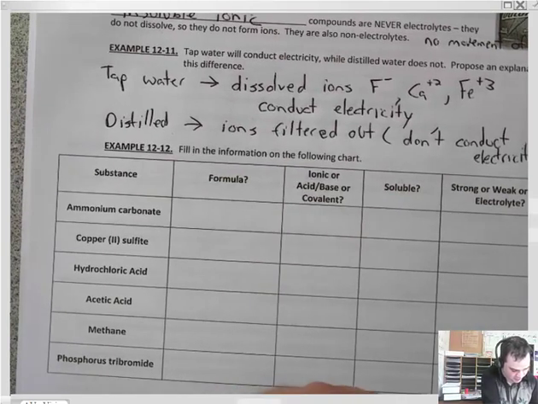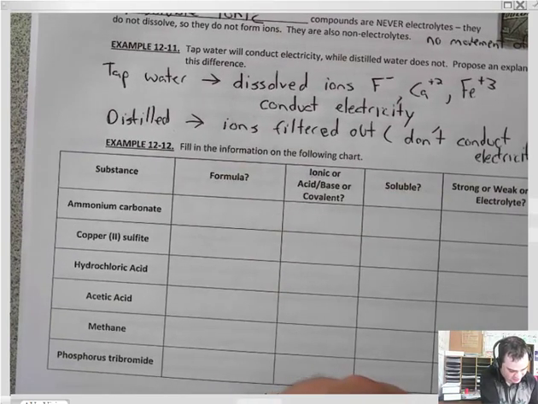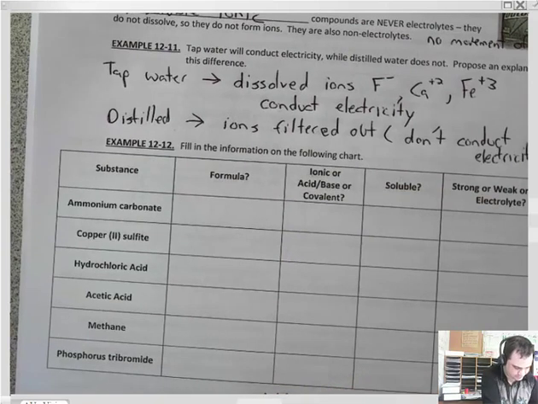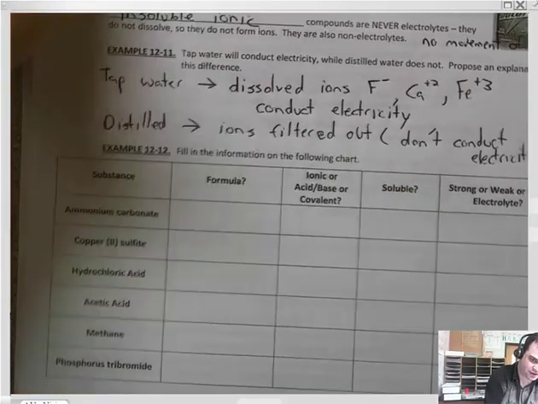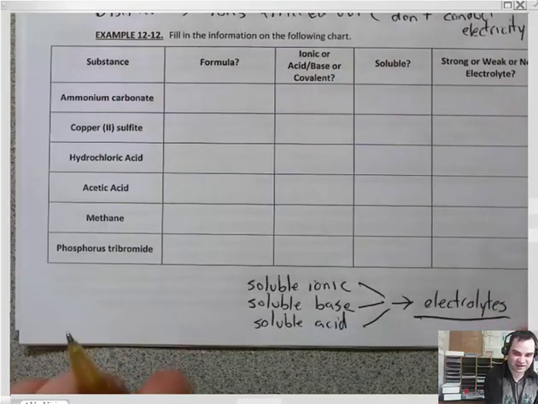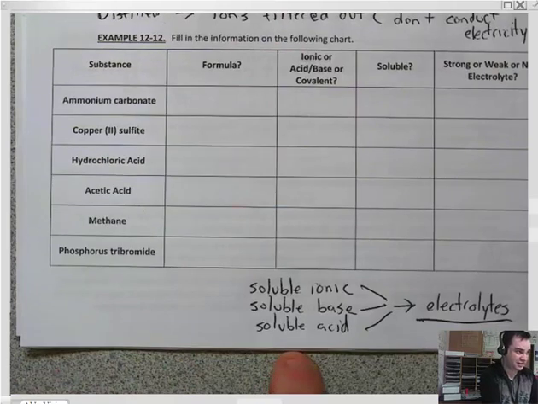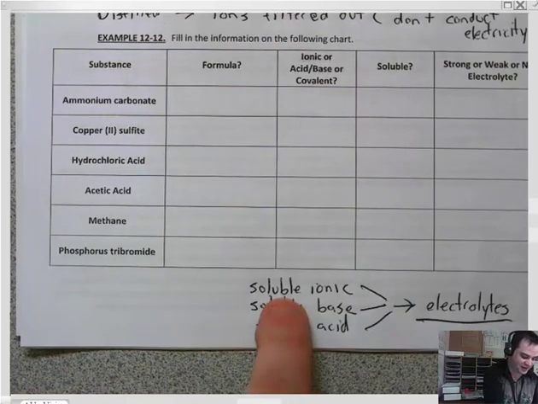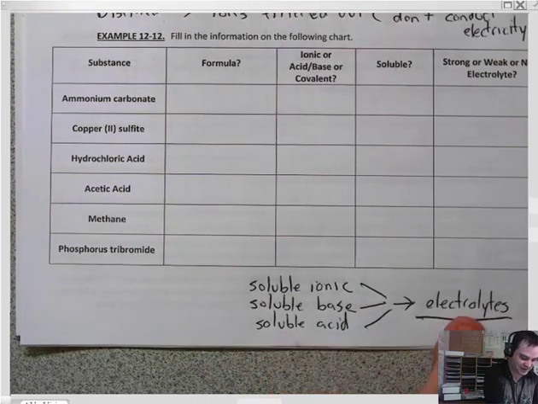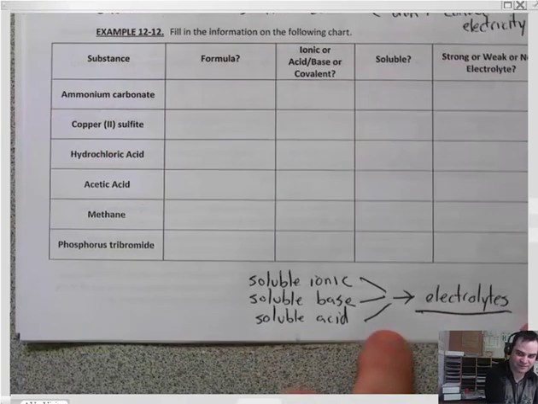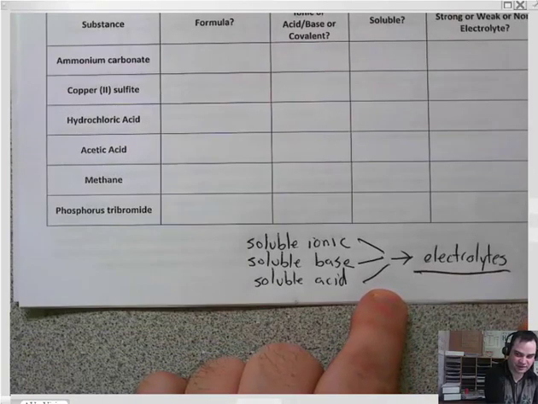Those are all electrolytes. And I wrote that down, and it's not on the screen. Write that down because I wrote it down. Soluble ionic, soluble base, soluble acid. They are all electrolytes. Okay?